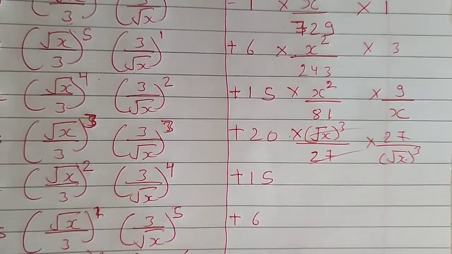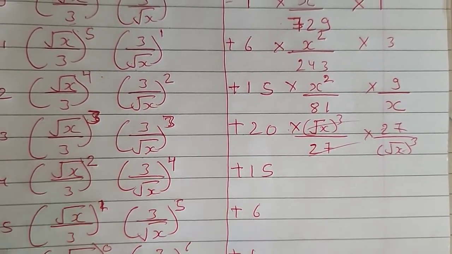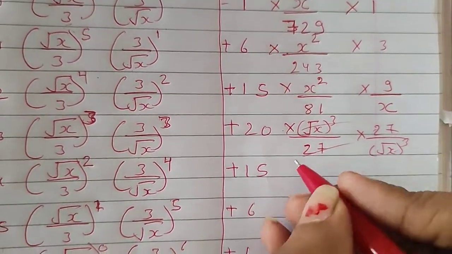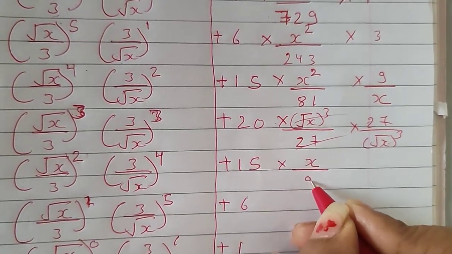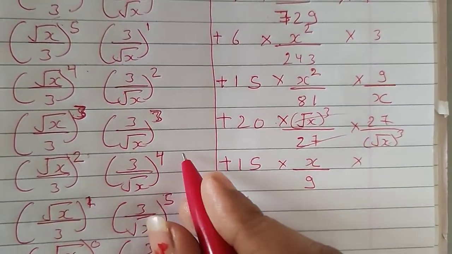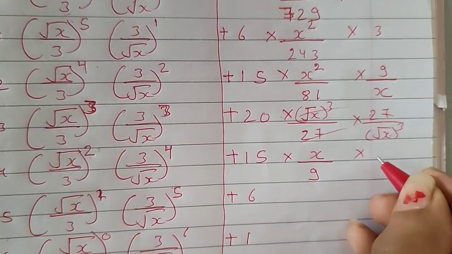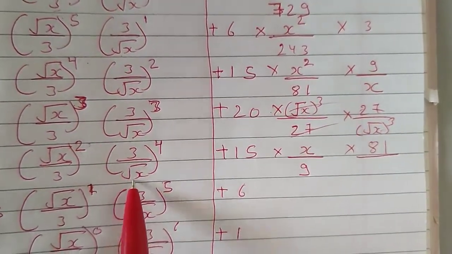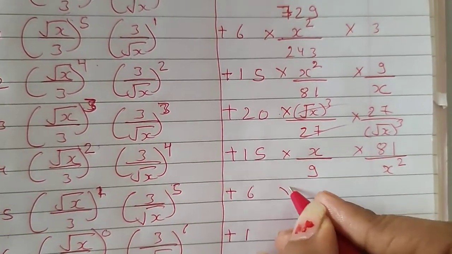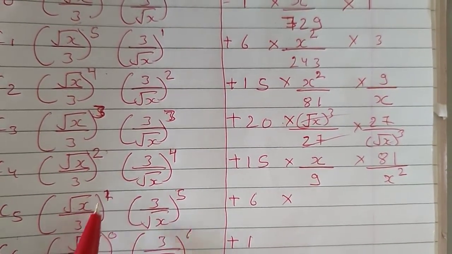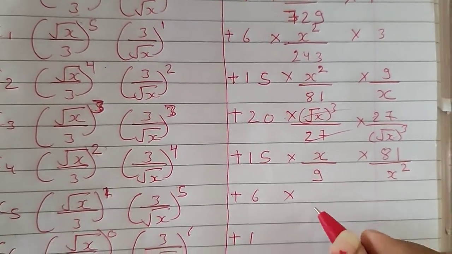Then root x raised to 2, so that will give you x upon 3 square, that is 9, into 3 raised to 4, so 3 multiplied 4 times, that is 81, upon root x raised to 4, so that will give you x square.